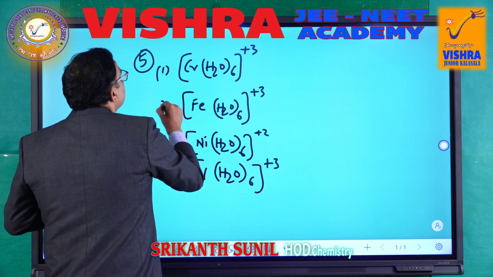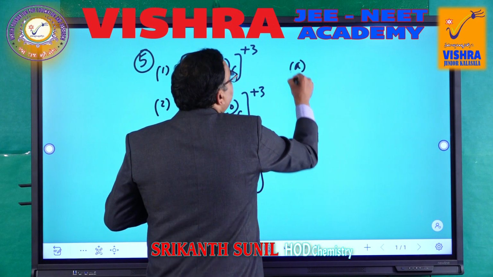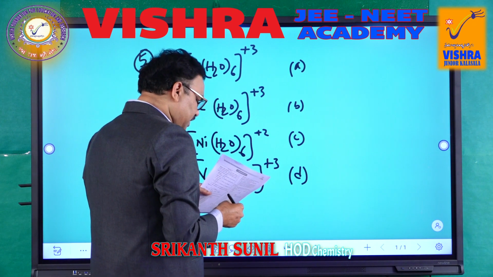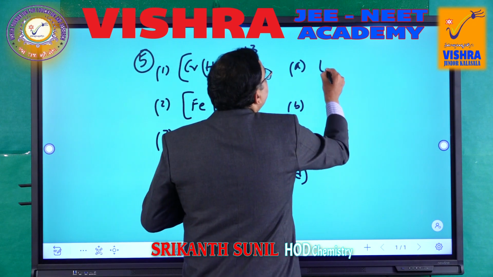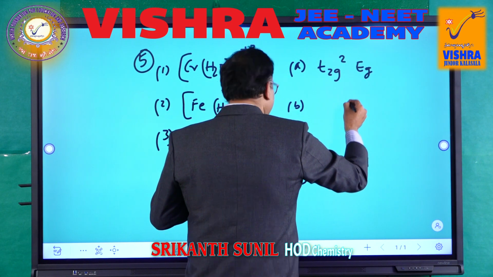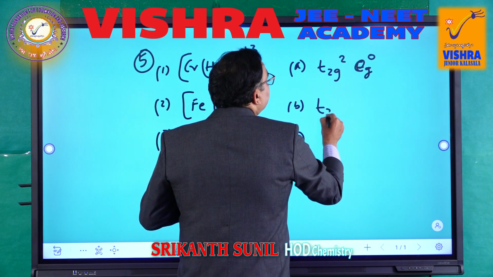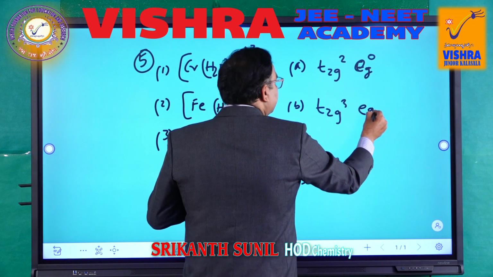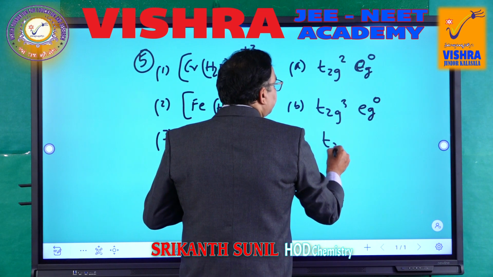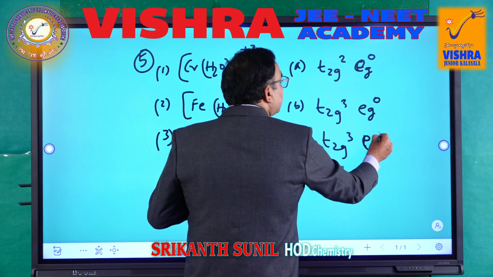So this is 1, this one is 2, this one is 3, this one is 4. Let us write A, B, C and D and compare. t2g2 and eg will have 0. t2g3 and eg will have 0. t2g3 and eg will have 2.